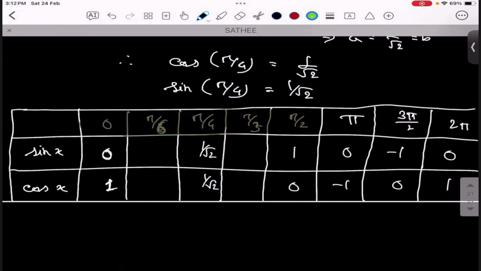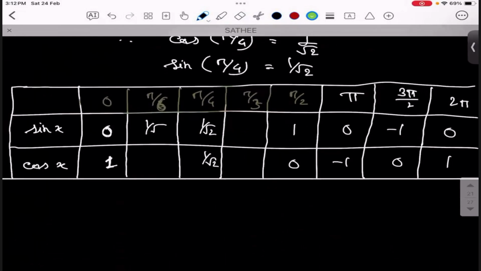Okay. Now, one can find the value of pi by 3 and pi by 6 by computing the value of sine 30 and sine 60. So we are just writing those things. You can verify by the help of radian measure, converting the radian measure to the angle measure, that is the degree measure, and using the trigonometric ratio and the value of that trigonometric ratio at that point, you can find this value 1 by root 2.